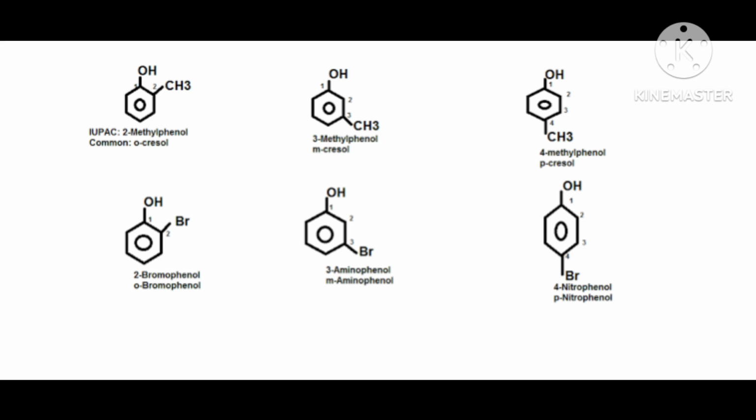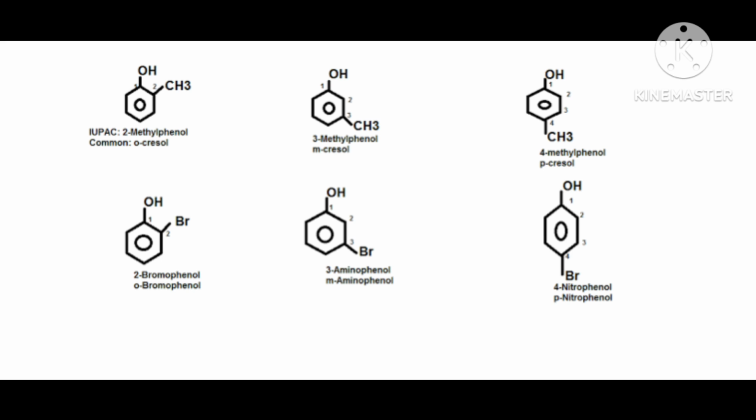From the middle carbon CH3 is attached and OH is attached. Then here you see what is important: the carbon to which OH is attached is joined by 3 methyl groups.